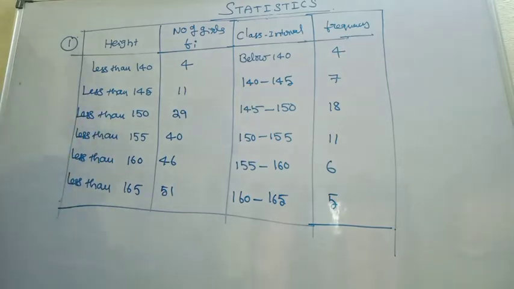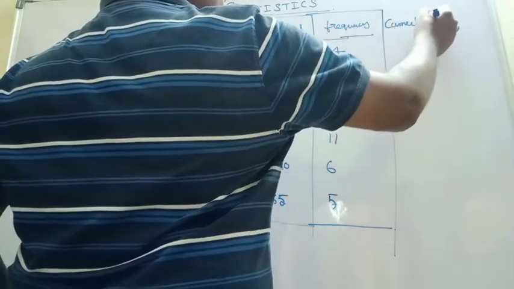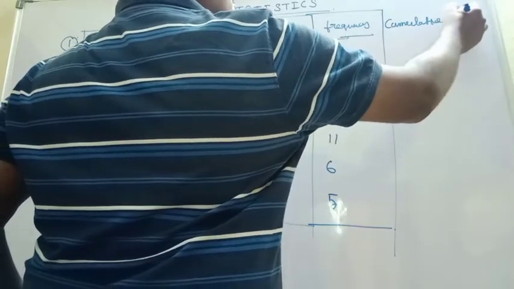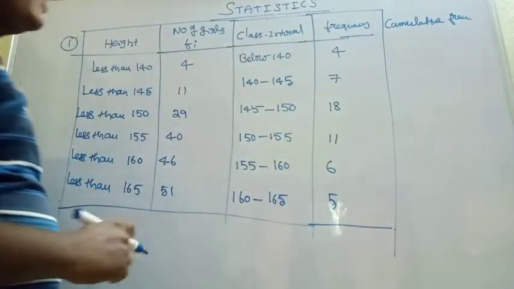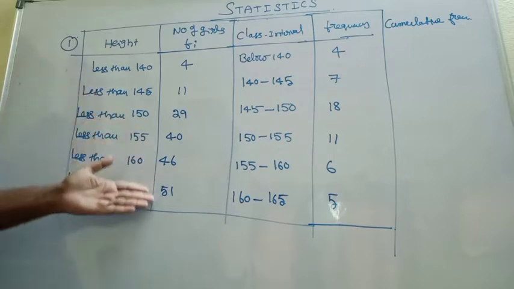Now we need to find the cumulative frequency. We know the cumulative frequencies already: 4, 11, 29, 40, 46, 51.